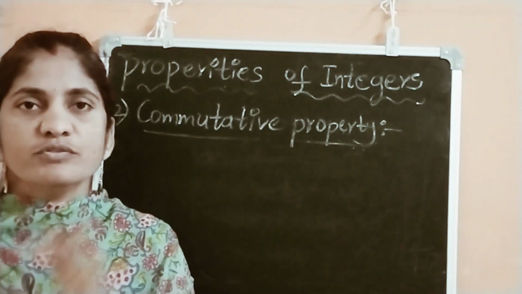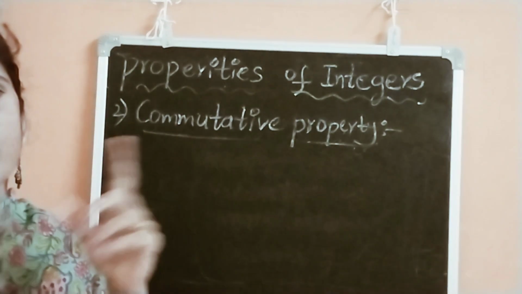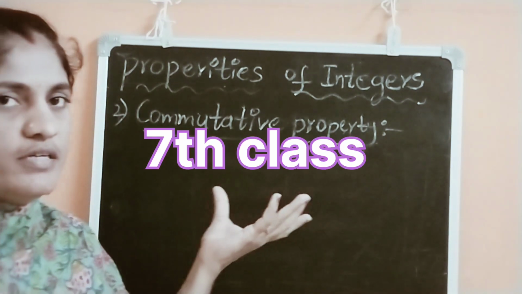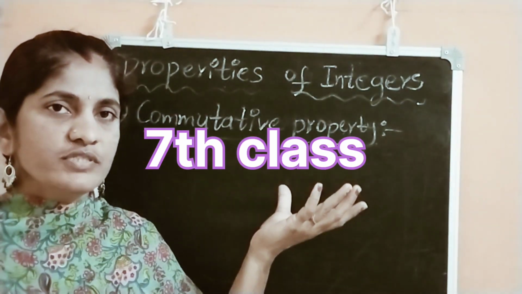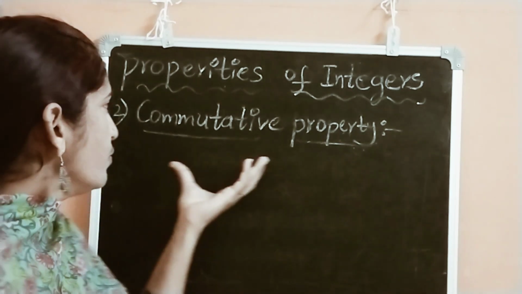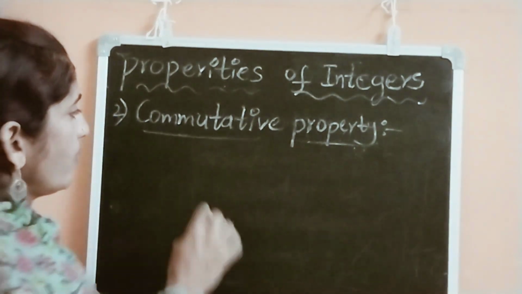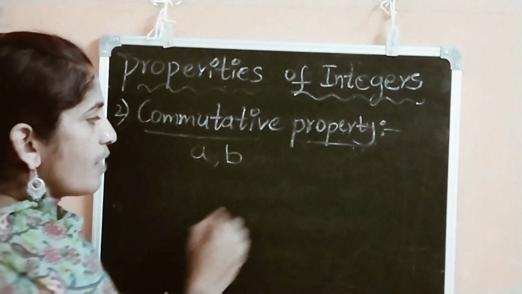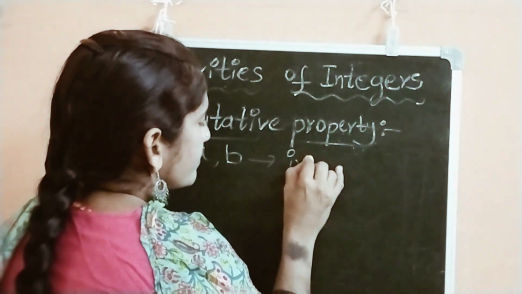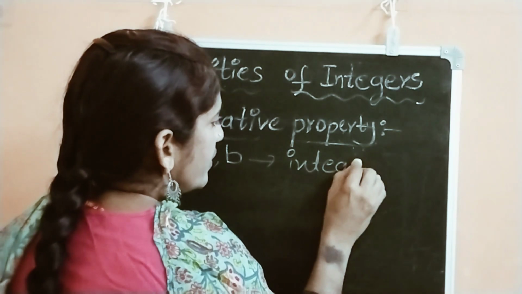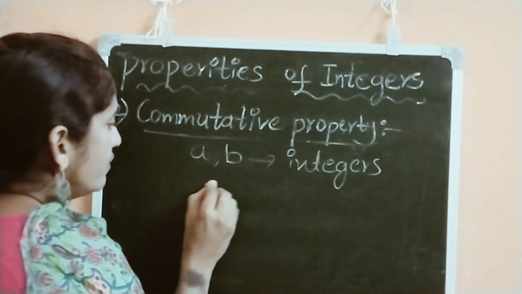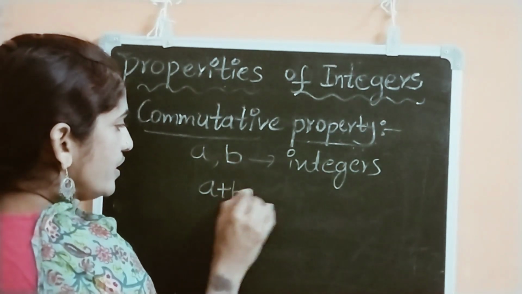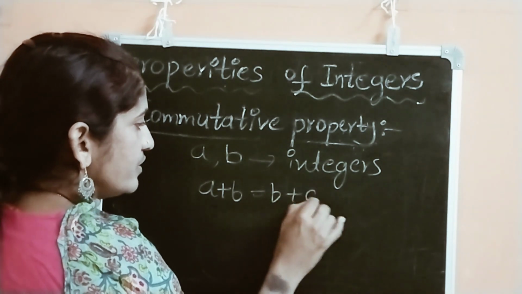Coming to the commutative property, we are going to take any two integers, and by checking the principle, we are going to decide whether the commutative property is possible or not for integers in addition, subtraction, multiplication and division. So if we take a, b as integers, or a, b belongs to Z, we are going to check a plus b equal to b plus a.